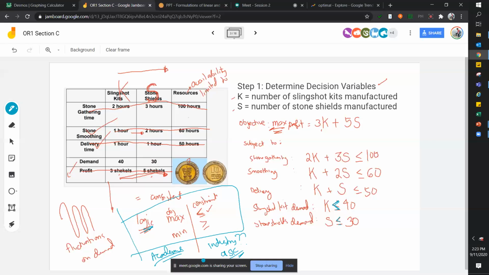Ngayon, ano pa yung missing natin dito? Anyone? Tapos na tayo dito sa demand na yan. Tapos na rin tayo dito sa 30. Ano pa ang kulang? Correct. We have non-negative. Okay lang, hindi ko nailagay.